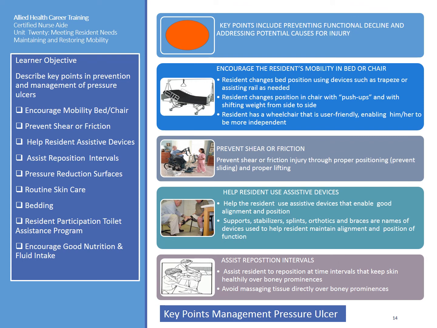These devices are used to help the resident maintain alignment and position in order to better be able to function, use those extremities or just repositioning themselves. So we do use these different products to help them keep good body alignment, in other words.